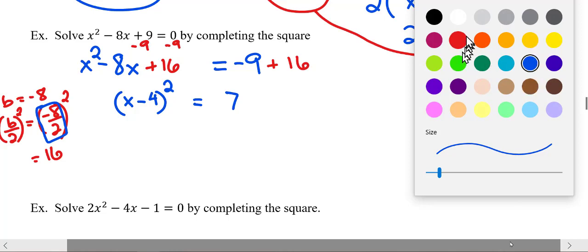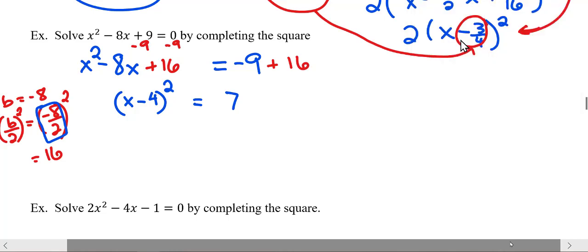Next, we are going to use our square root property to actually solve this. Remember, when I'm trying to solve it, I'm looking to find the x or x's that make this equation true. We are going to square root both sides of this equation using that square root property, just like we saw in our second method for solving quadratic equations.